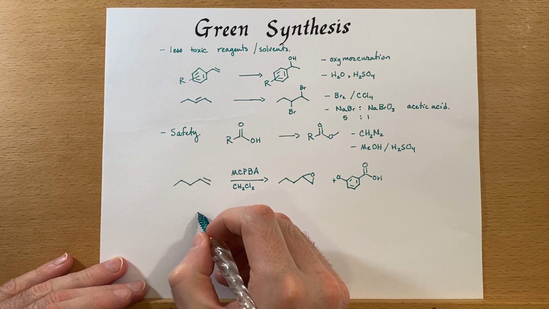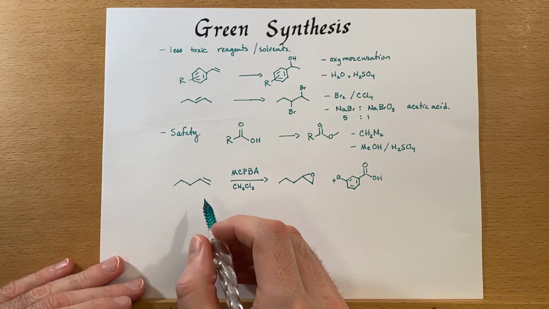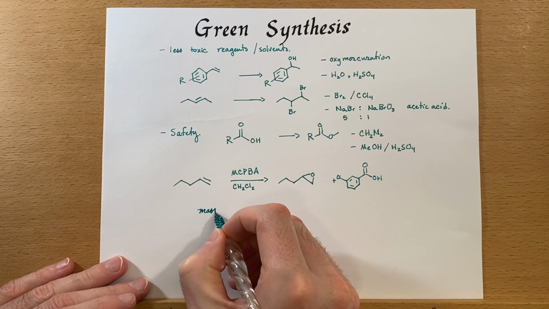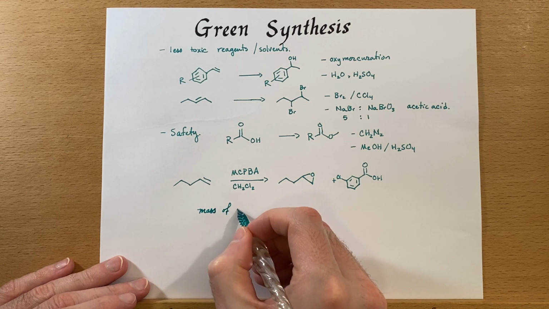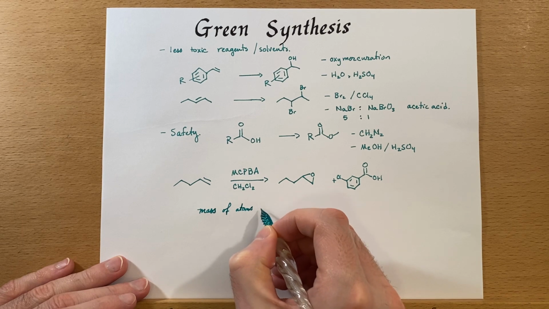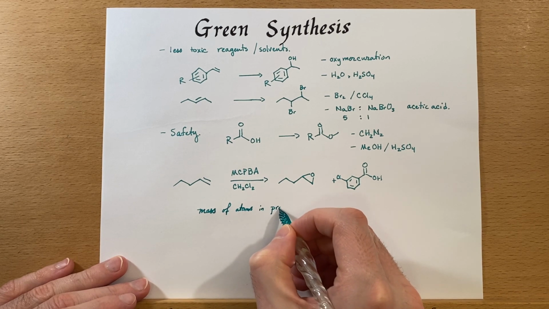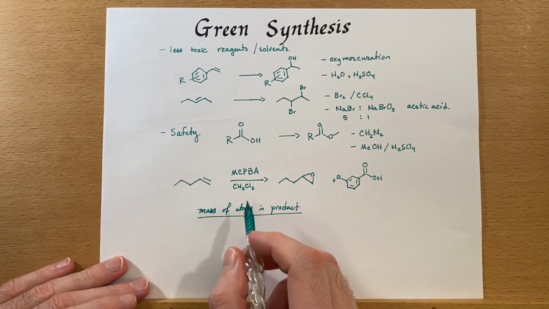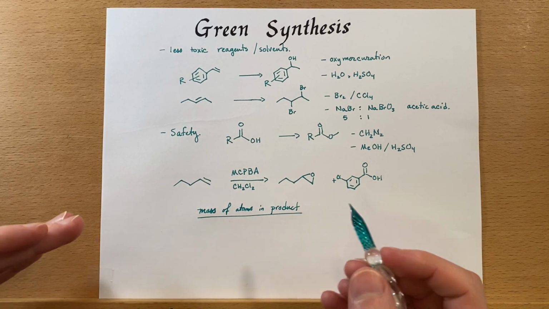So the formula for looking at this is the mass of the atoms in the product divided by the mass of the atoms in all of the reagents.